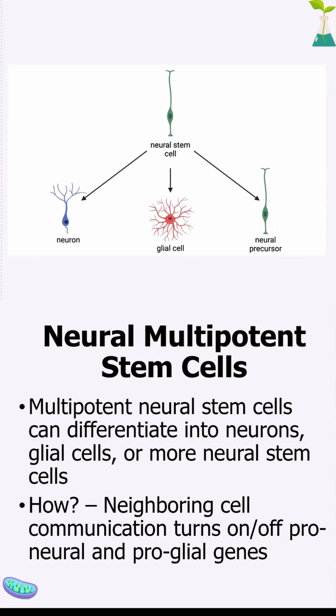And there are genes called pro-neural genes. And guess what? If those are turned on in a neural stem cell, then that neural stem cell is going to differentiate into a neuron. There are also proglial genes. And again, as the name suggests, if these genes are turned on, then that cell ends up being a glial cell. And so it's all about turning genes on or off, which again has to do with cell communication as well as gene regulation.